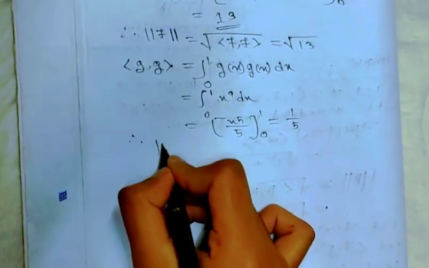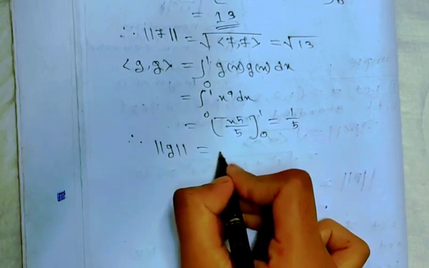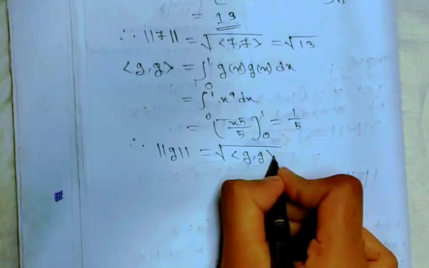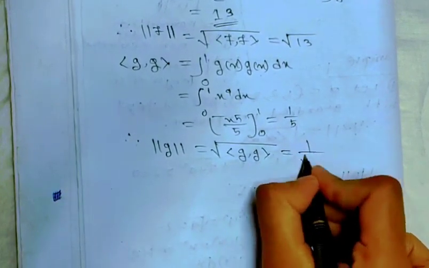Therefore norm g equals root over inner product of g, g, equals 1 by root 5.